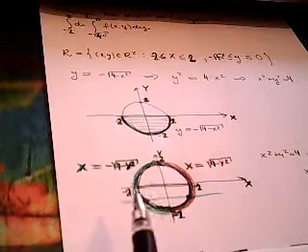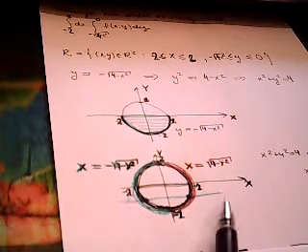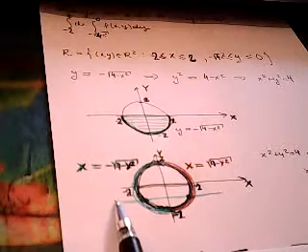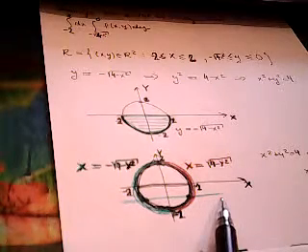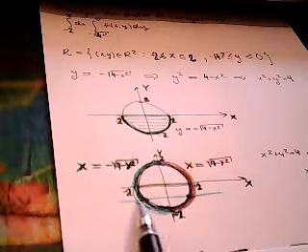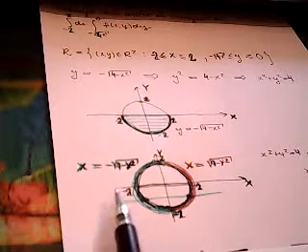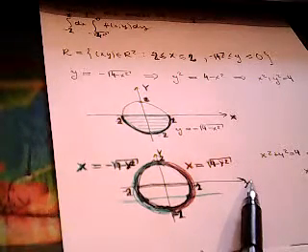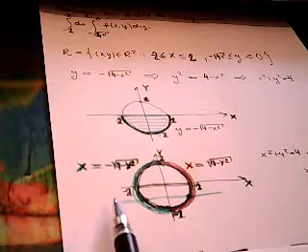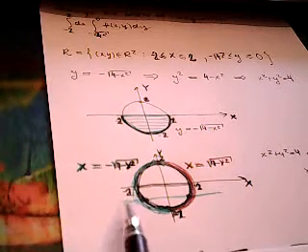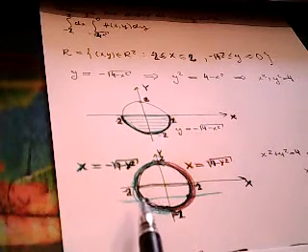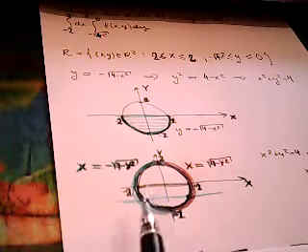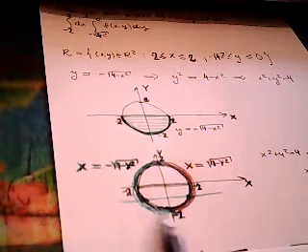To obtain the limits of x, I draw a green straight line parallel to the x-axis. The green straight line has two common points with the semicircle.